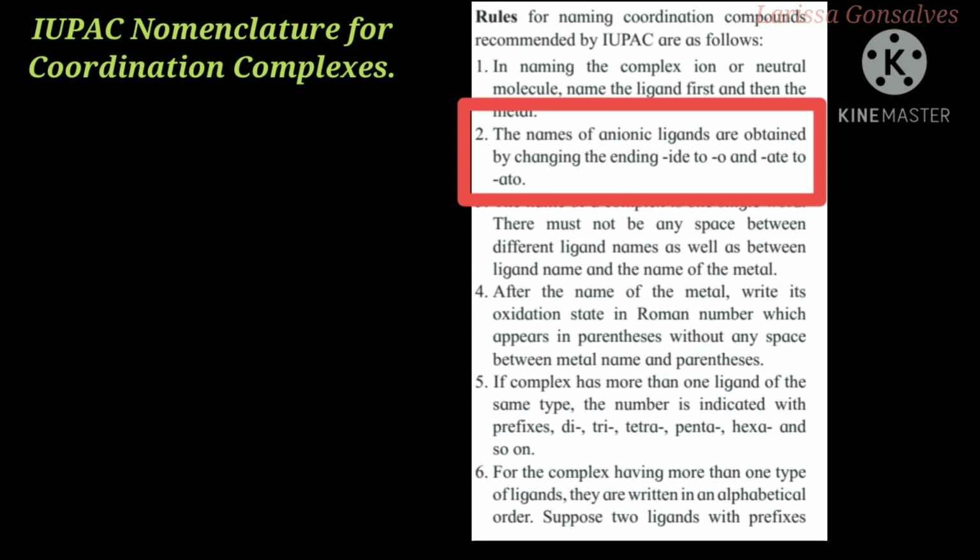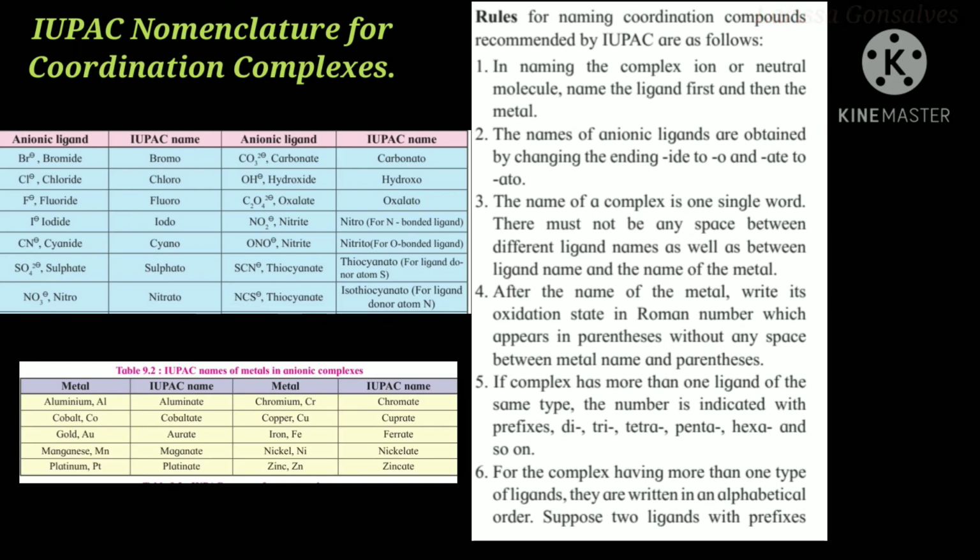The second rule is, the names of anionic ligands are obtained by changing the ending "ide" to "o" and "ate" to "ato". These two tables help us to understand the changes that we need to bring in case of anionic ligands. So first is bromide. As I told you, "ide" is changed to "o".